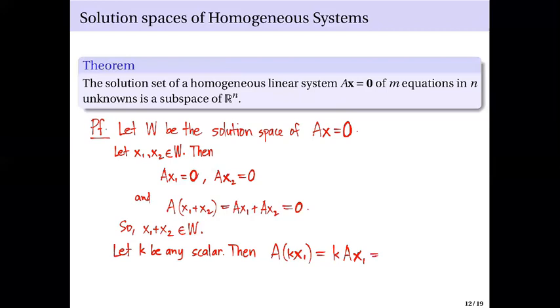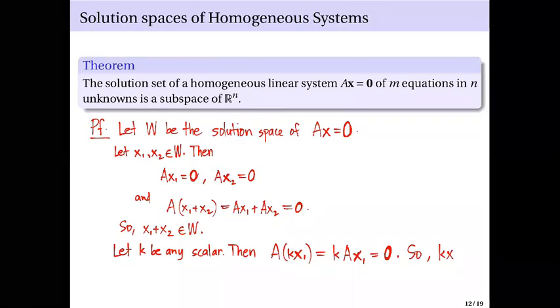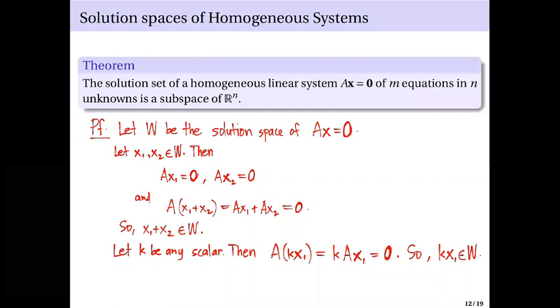But this is again 0 because Ax1 equals 0. So k times the 0 vector is just the 0 vector. And so kx1 is also a solution and therefore inside W. So W is a subspace of Rn.